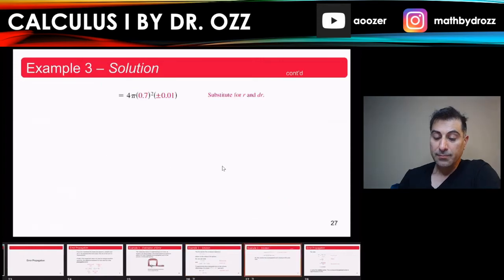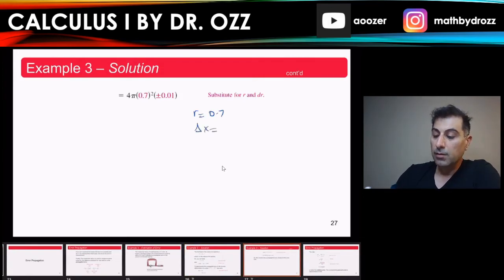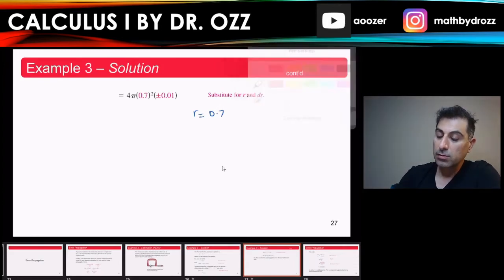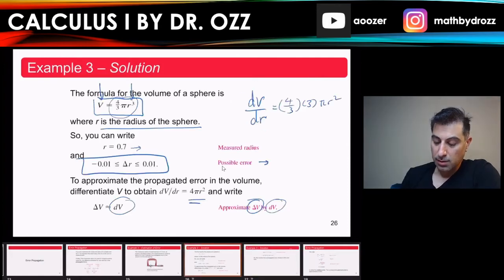So r was 0.7, and the error delta r is going to be plus or minus 0.01. We're going to plug this into the formula.